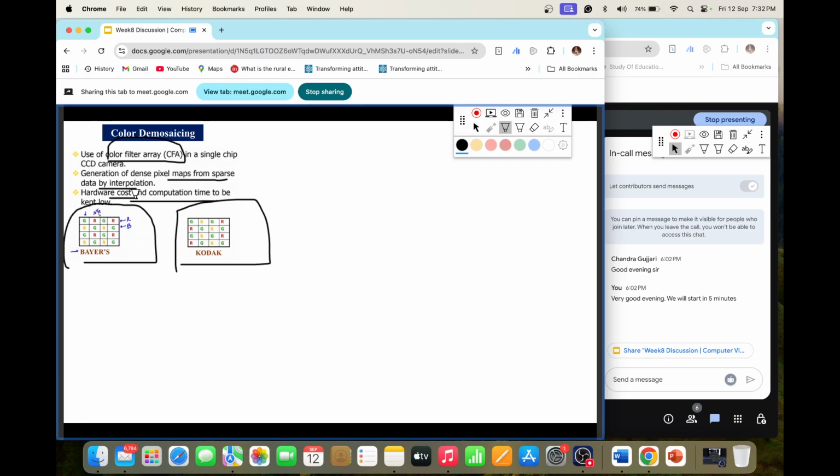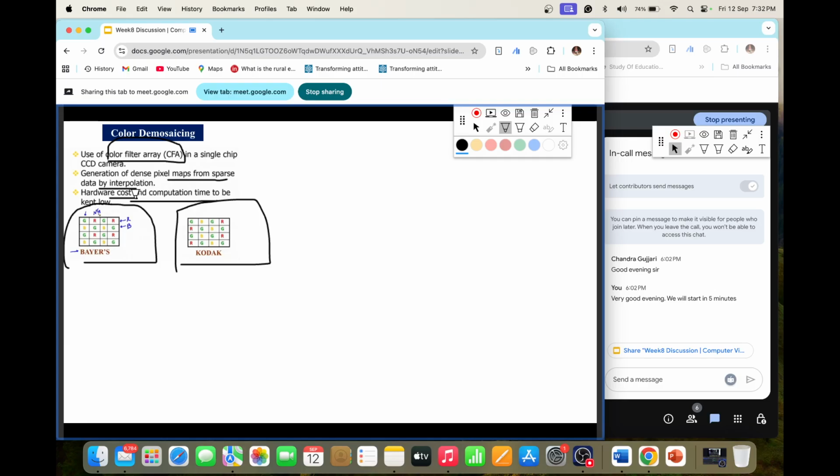If we have all this RGB, first we have three different sensors: an R sensor, a G sensor and a different B sensor. What will happen is, we are increasing the cost, that is one.